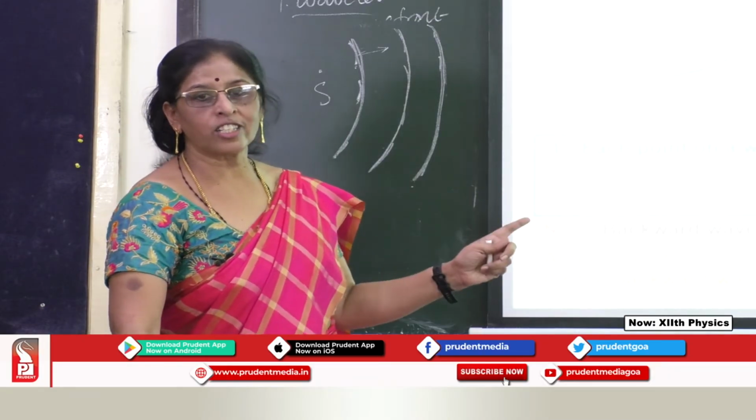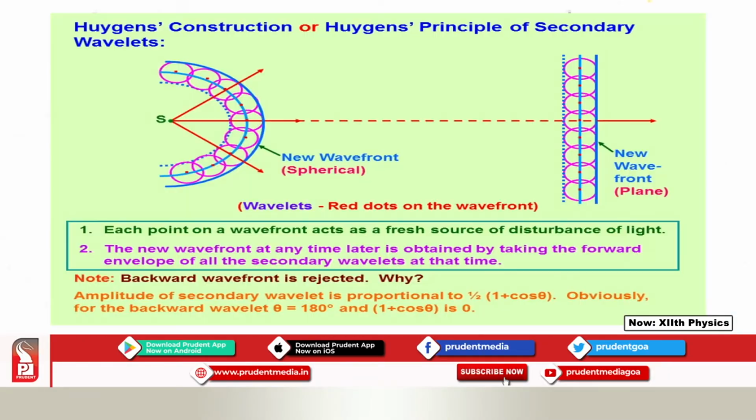So 1 minus 1 becomes 0. That is the reason we don't consider the backward one, which is the light blue one. It is a very important application question which we always give in my college. Why is the backward wavefront not considered? So this is Huygens' principle.